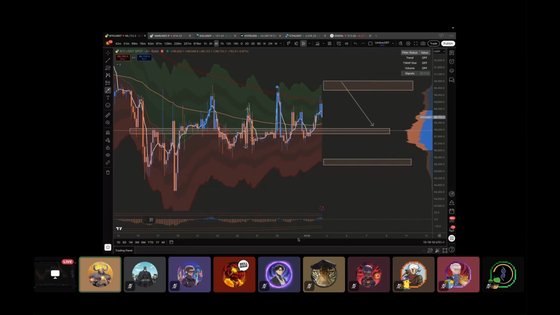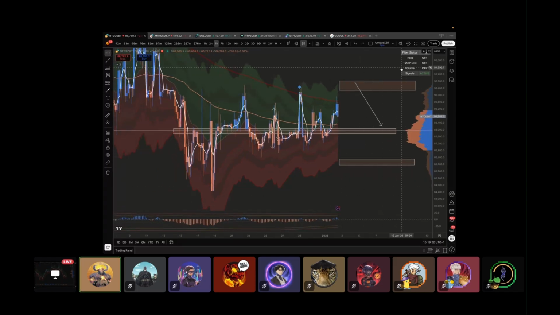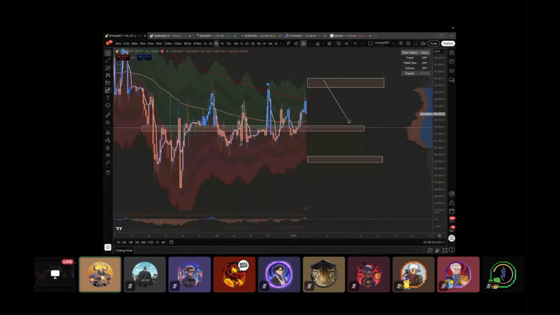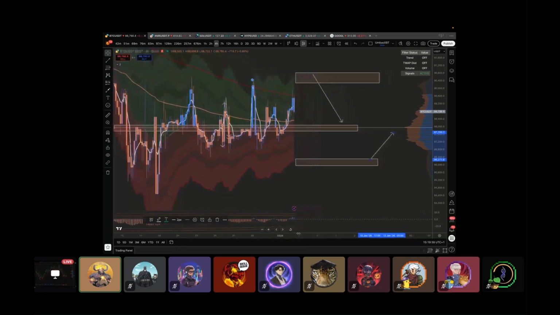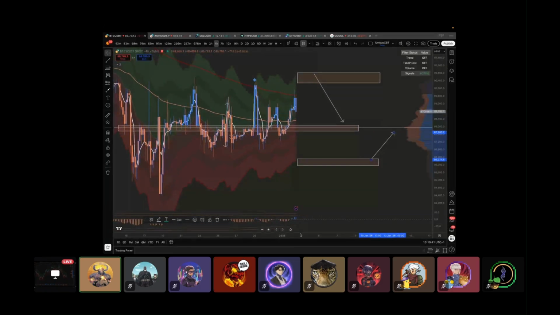If we have broken down again from here, it would make sense to buy something around 86, 87, same as selling around 90,000. I think those two are probably the best trades that you can have.